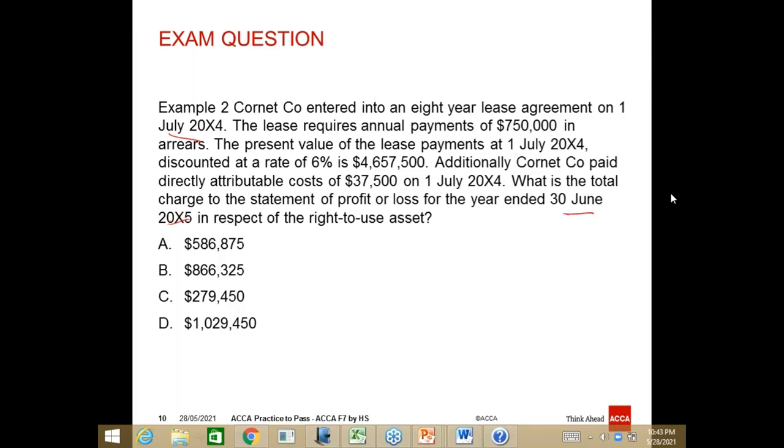No. Annual payments are related to the lease obligation.